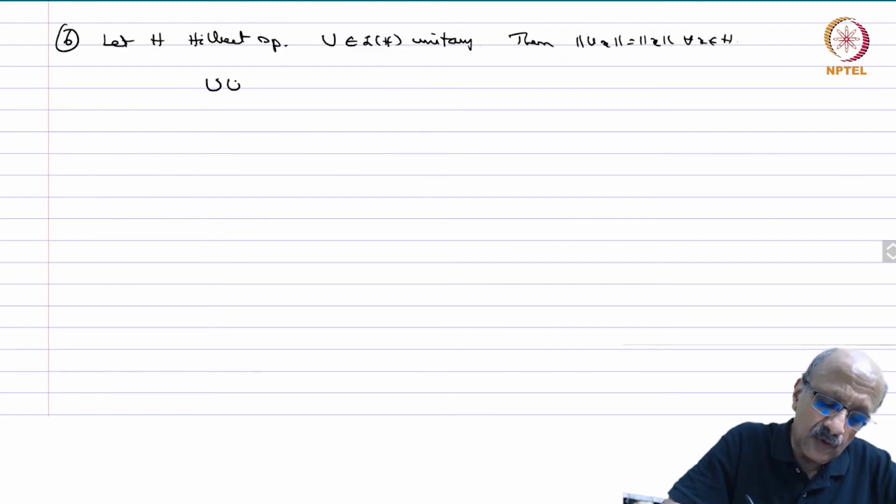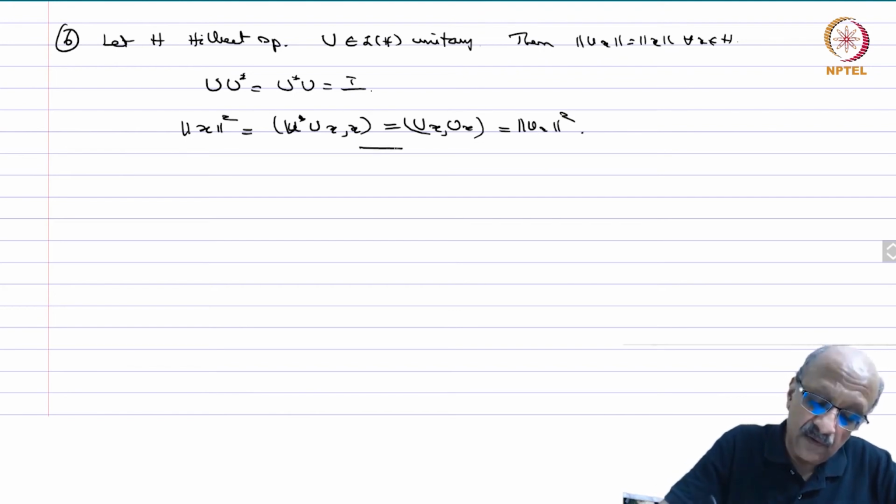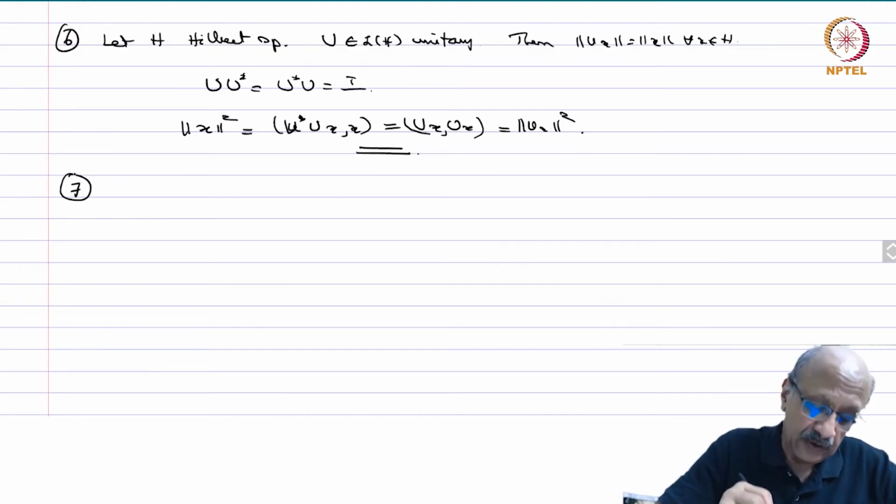So you have U star U equals identity, and therefore you have norm x square equal to (U star U x, x), which is equal to (Ux, Ux), which is equal to norm Ux square, and therefore you get this. So this we have already seen in the previous lecture, where we computed the spectrum of a unitary operator.